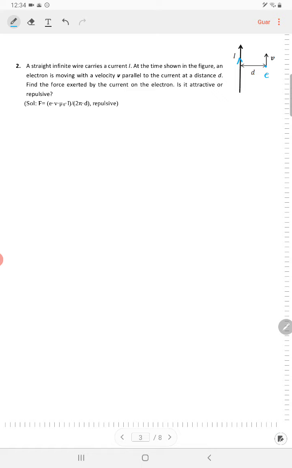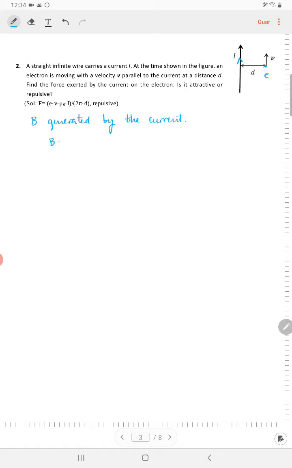This force exerted on the electron is going to be a magnetic force, because the current is generating a magnetic field. So first of all, we begin by calculating the magnetic field generated by the current.